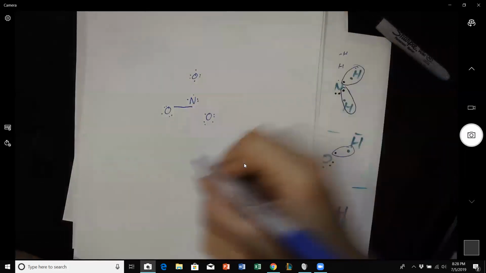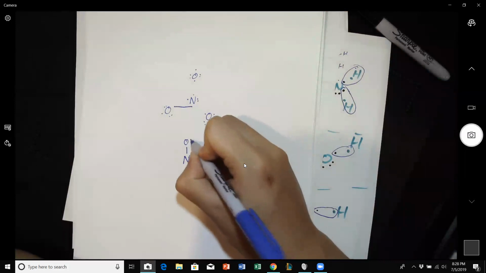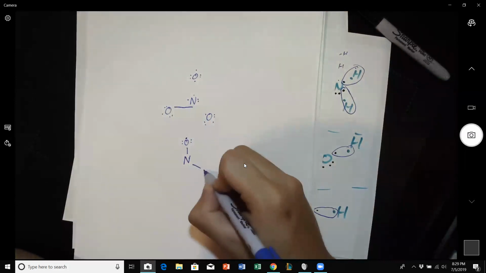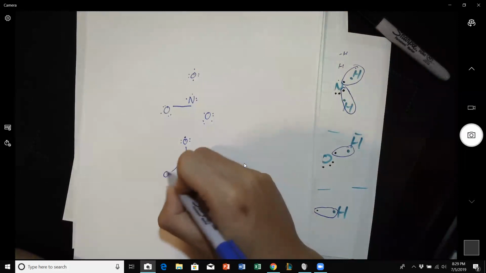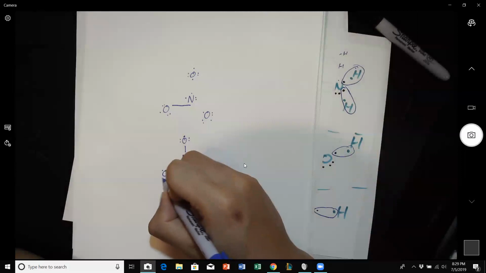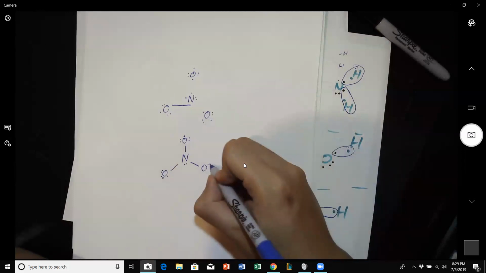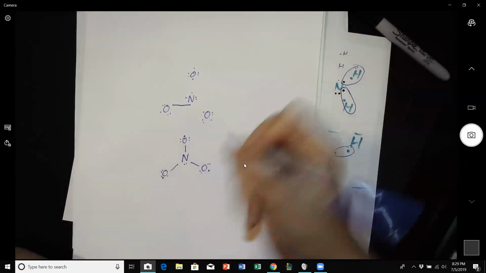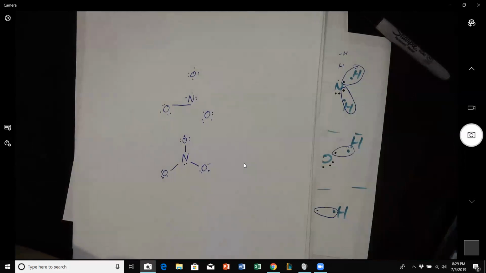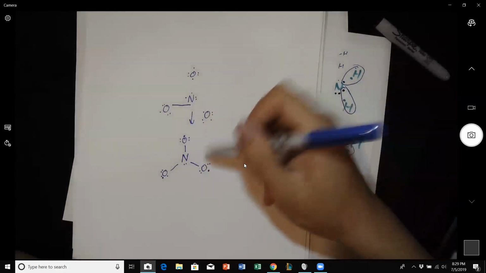Oh, I drew this awfully, so let me do it again. Does everyone see how we got from this to this?